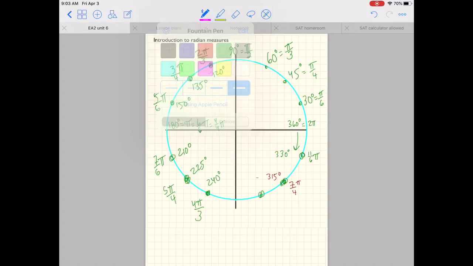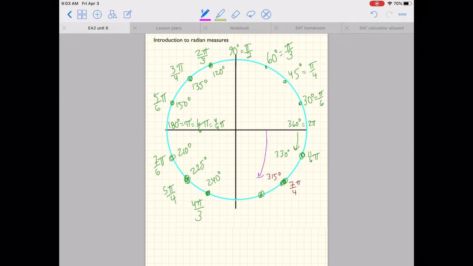And then the last one, which references an angle in quadrant 4, references 60 away. So 60 away would be 300. And since 60 is pi over 3, if you think of 2 pi as 6/3, 6/3 take away 1/3 is 5/3.